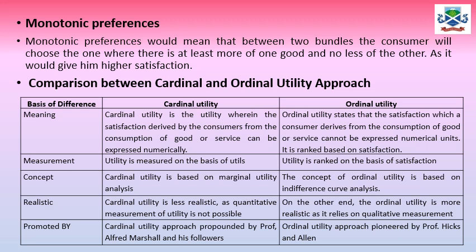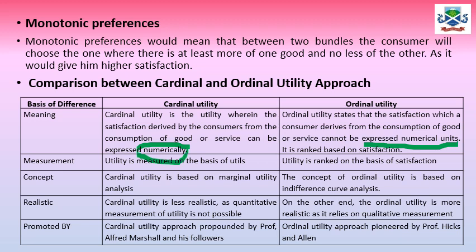Under the cardinal approach, utility can be measured in terms of numbers, in utils, as we discussed earlier. But ordinal utility states that the satisfaction the consumer gets from consuming goods and services is not expressed numerically; it is the rank of satisfaction.